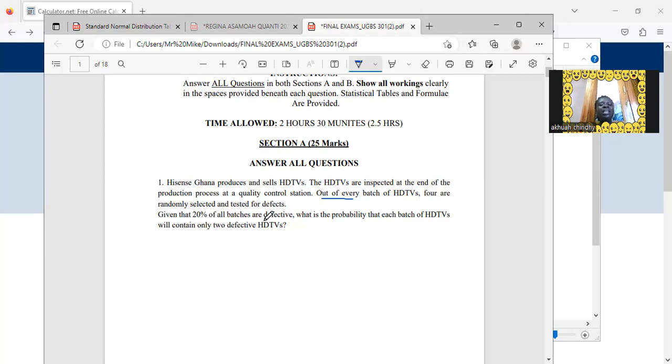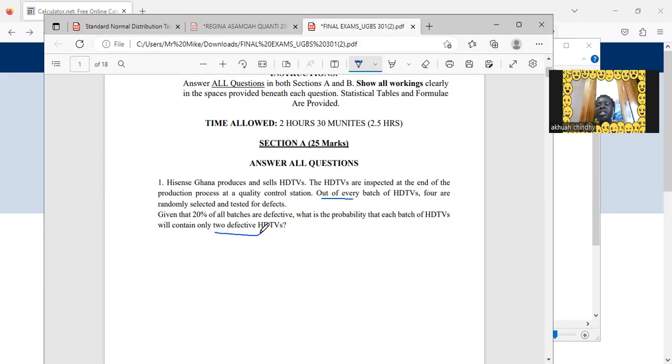So first, let's see what the question is asking now. The question says, what is the probability that each batch of HD TVs will contain only 2 defectives? The reason why I'm saying you read the question first is sometimes the question might say, find the probability that each batch of HD TVs will contain only 2 non-defective HD TVs.